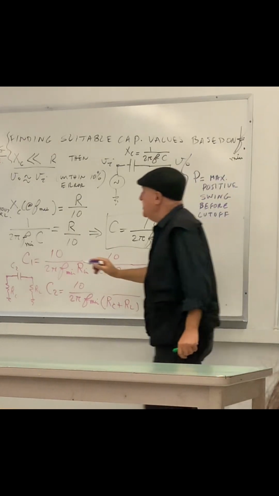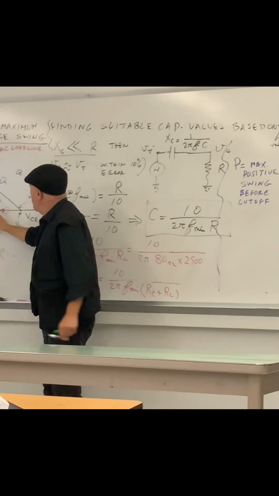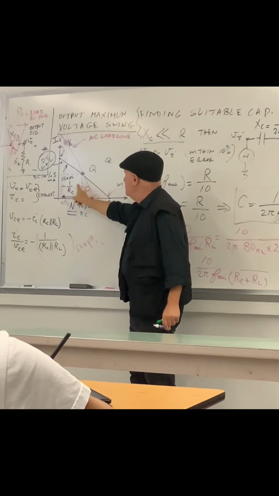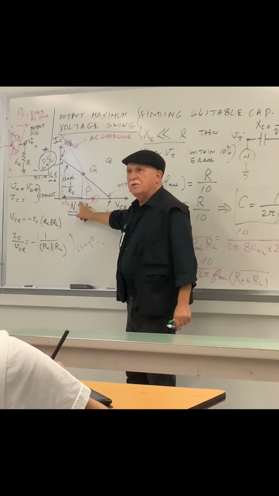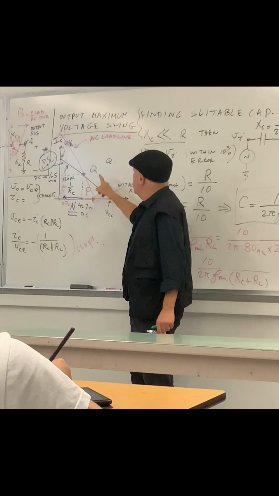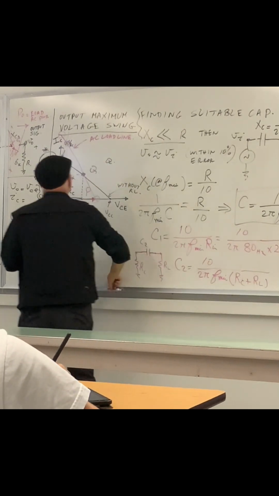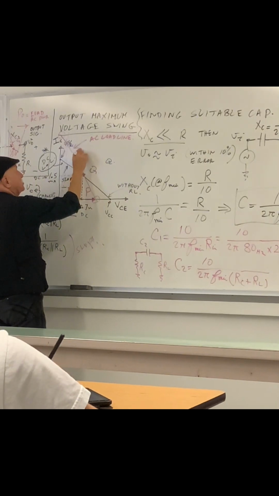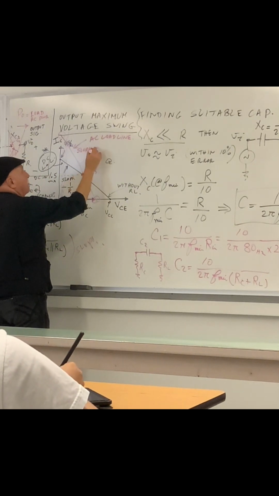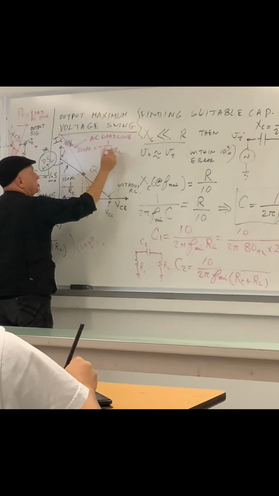Very easy. Can you calculate this base, gentlemen, here, the P, knowing that is your ICQ? What's the Pythagorean theorem? Yeah, this is ICQ, and you know the tangent of that angle because you have the AC load line, and the slope of that AC load line is minus 1 upon RC parallel RL. It's just the geometry.